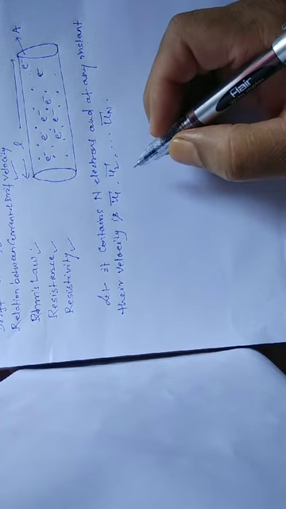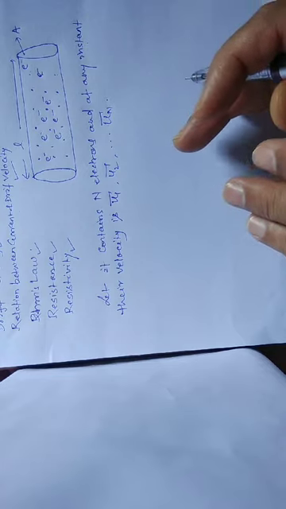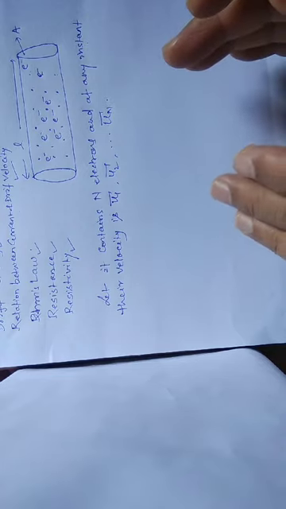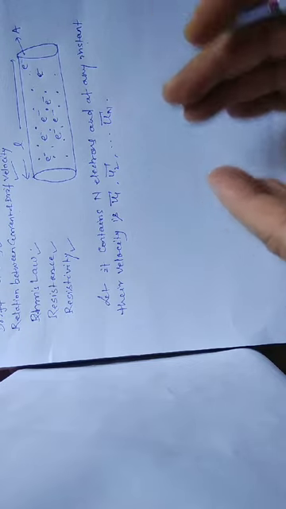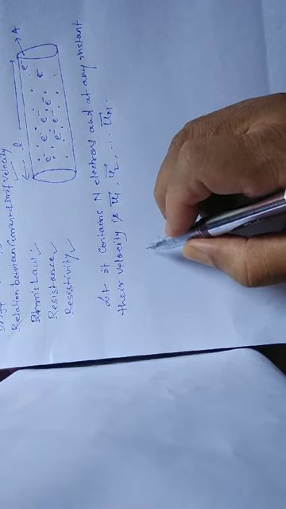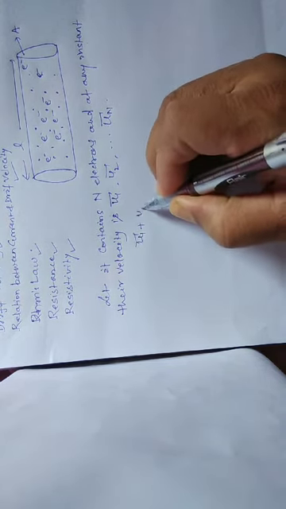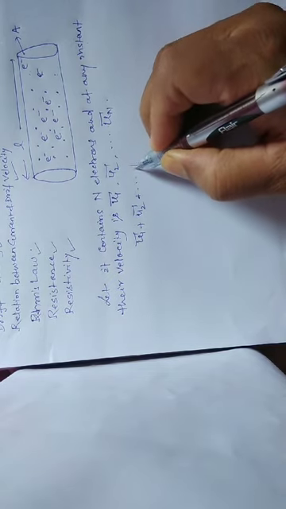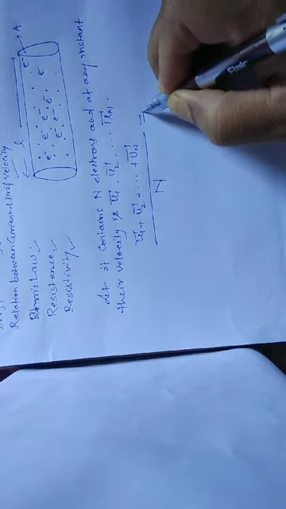So as we have discussed, on an average, the average of these random velocities will be equal to 0, as there is no net movement of electrons. So we can write u1 + u2 + ... + un is equal to 0.